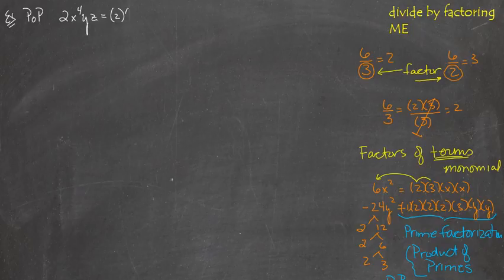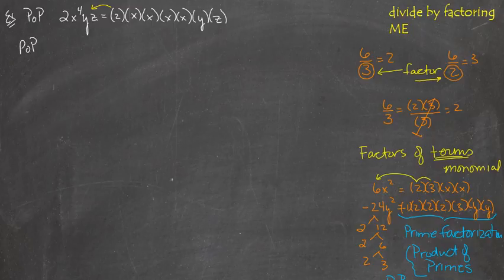Then x to the fourth I have to write as x times x times x times x. Y, that's 4 of them, 1, 2, 3, 4 of them, y and z. So if I multiply all these prime numbers back together, they will give me the original number back. Well, let's do another product of primes.